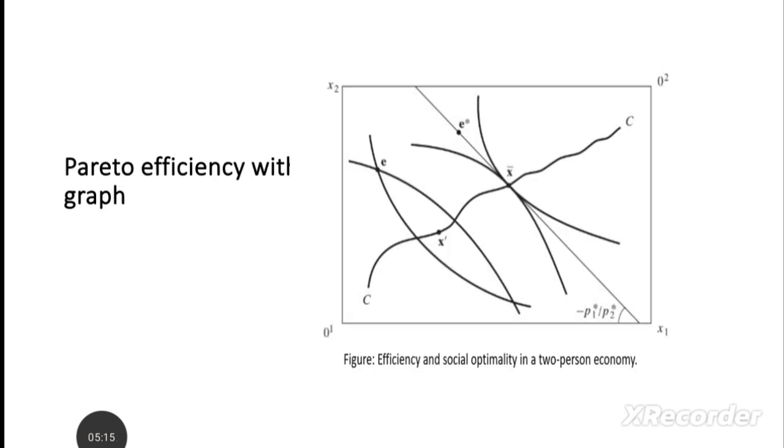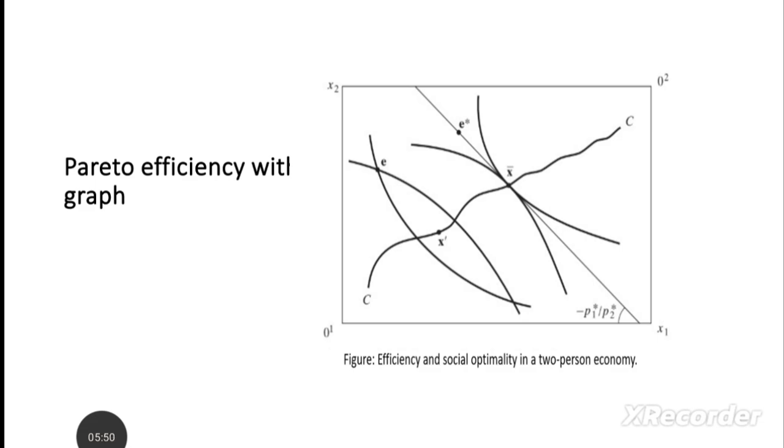The next slide: Pareto efficiency with graph. This graph shows the consumer Edgeworth box. The axes represent the quantity of good 1 and good 2. Each point in the box shows a possible allocation of two goods between two consumers. At point E, the initial endowment is inefficient, and point X' is a feasible allocation but not Pareto efficient.